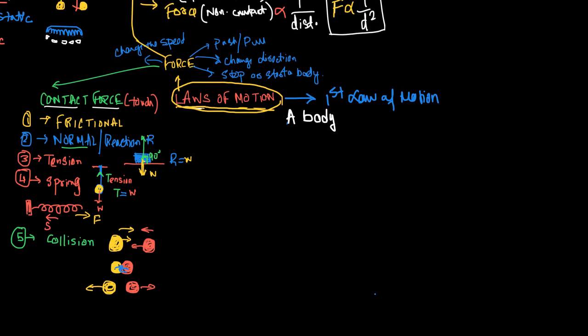A body will be at rest, right? Okay, let me write it in a different manner so that you will remember it better. I'll say a body could be in two phases, either at rest or in motion.